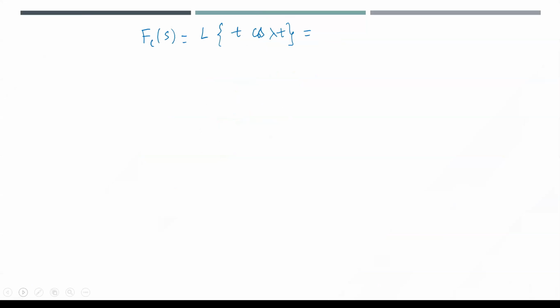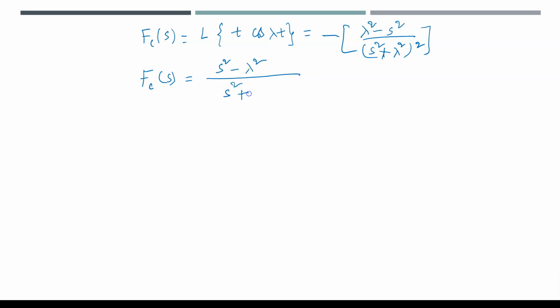So here we can write minus of lambda square minus s square upon s square plus lambda square whole square. When you take this minus sign inside, you get fc of s equal to s square minus lambda square upon s square plus lambda square whole square.